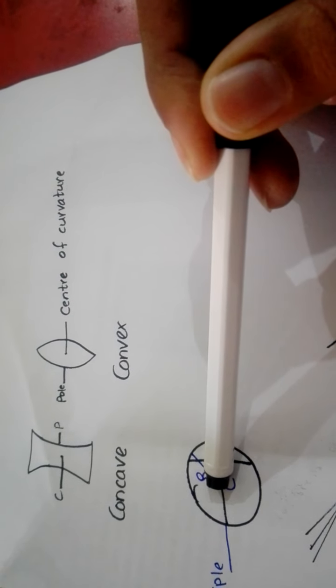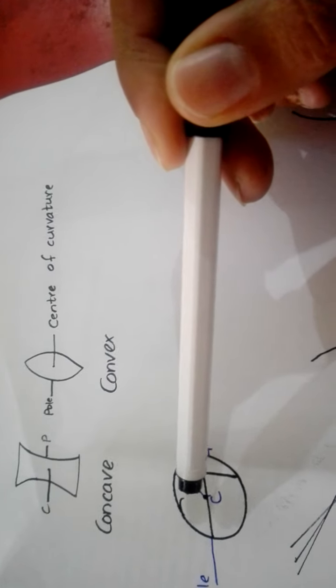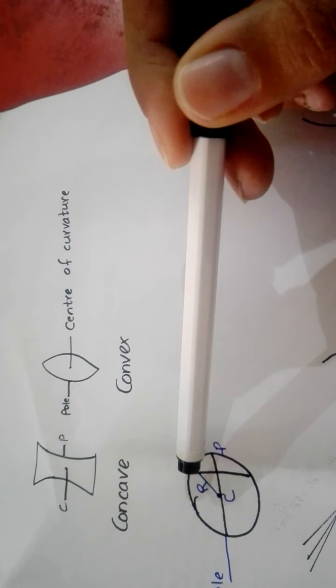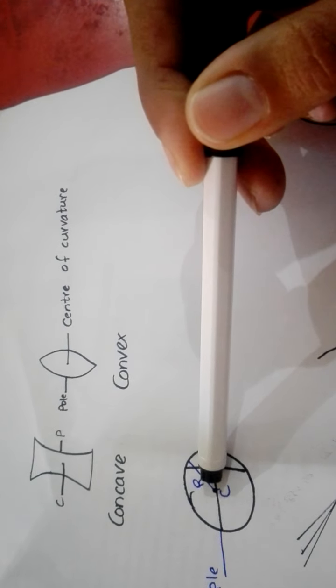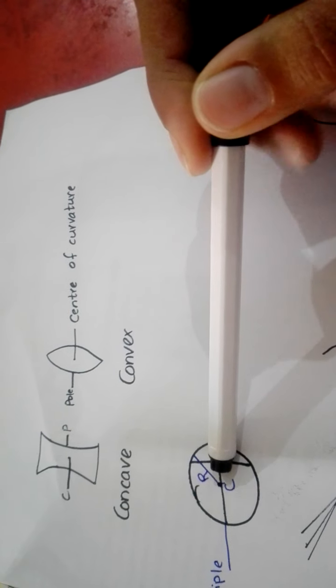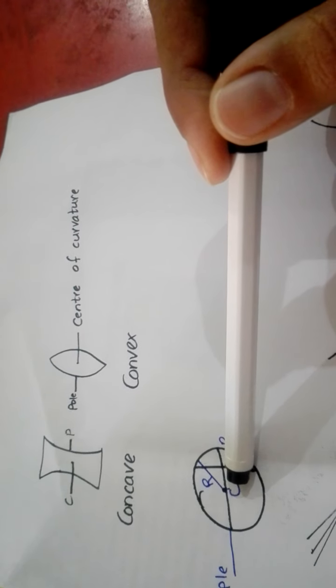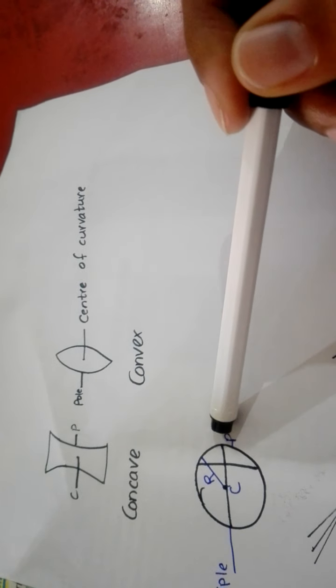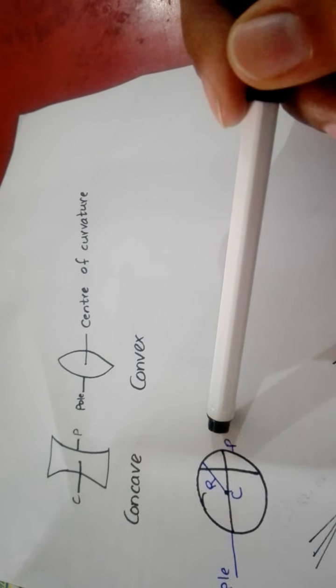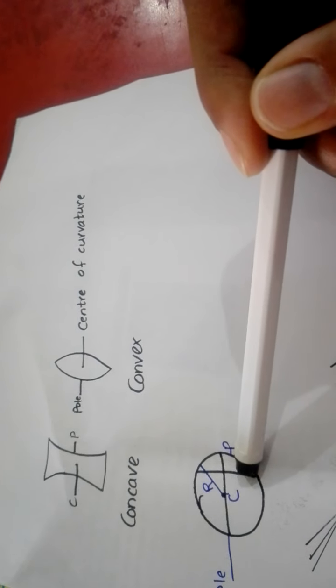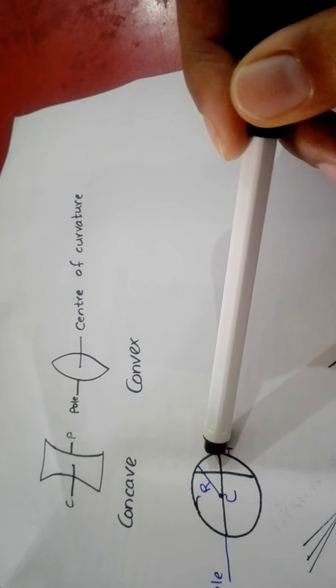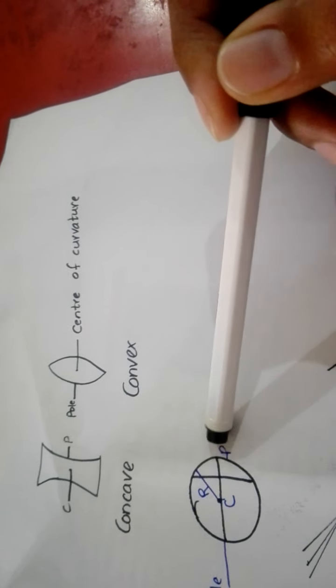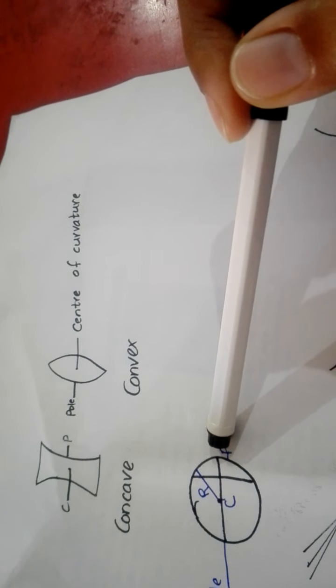The center part of the sphere is known as the center of curvature. We are denoting it with capital C. After this, the midpoint of the curved surface will be the pole and we are denoting it with P.